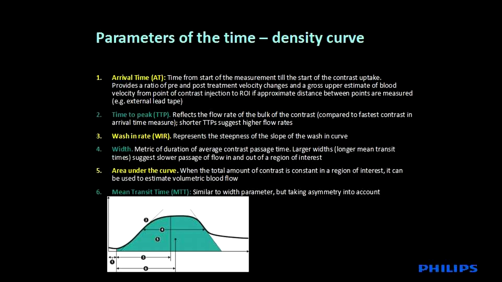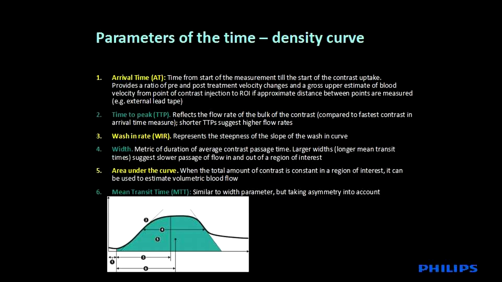If contrast flows in a certain region of interest, it does so with a time density curve. And you see one here, and on the x-axis there is the time, and on the y-axis there is the density of the contrast. There are several parameters by which you can describe such a curve, and I'd like to draw your attention to the three yellow ones.